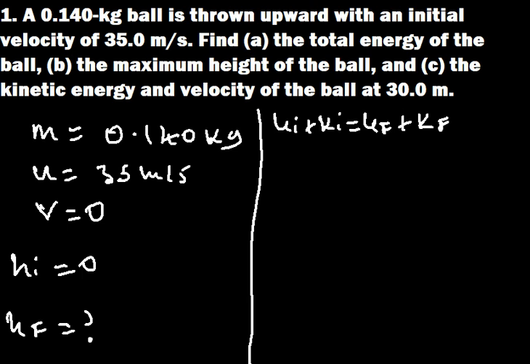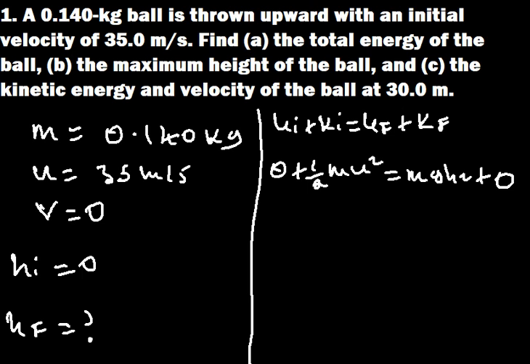And what is the initial potential energy? Since the initial position is 0, we'll have it as 0, plus the initial kinetic energy, which we already have as half mu squared. This is equal to the final potential energy, mgh2, plus the final kinetic energy. Since the object is now at the maximum position where the velocity is 0, we have it as 0.